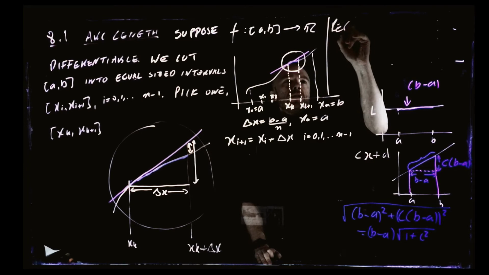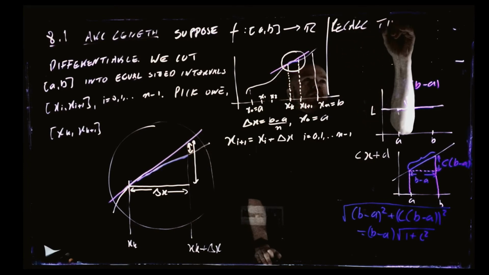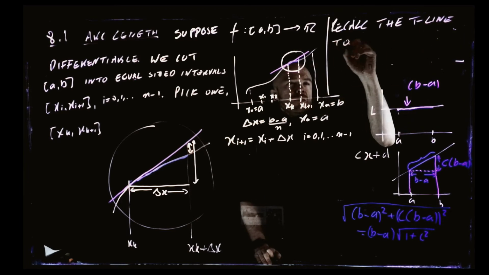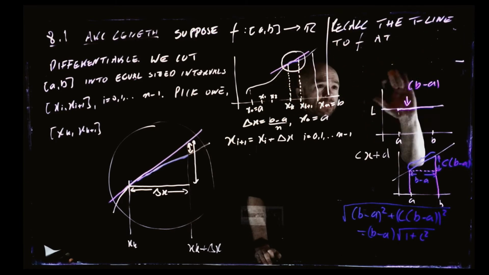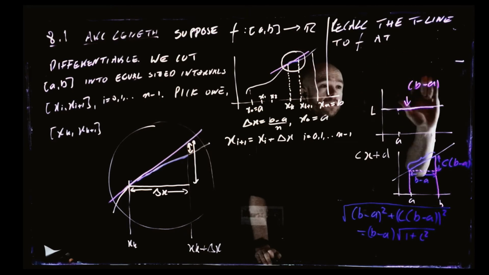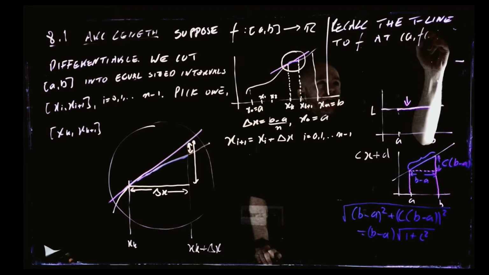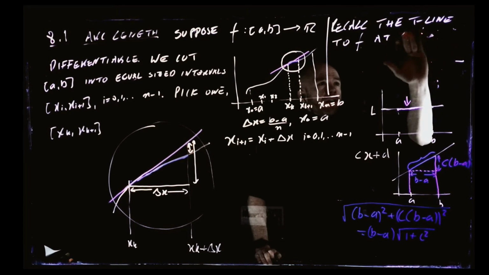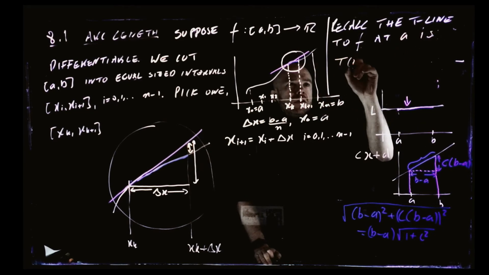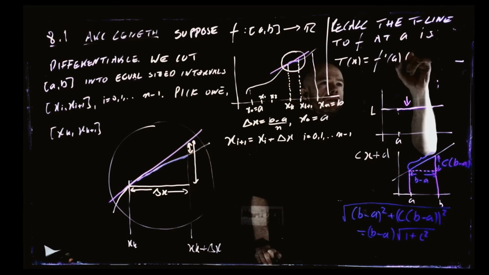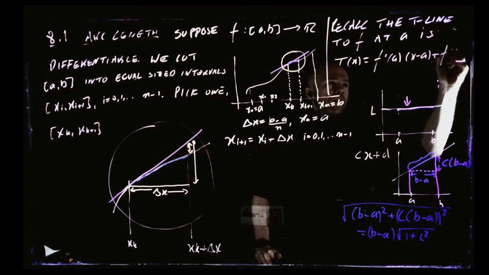Recall the tangent line to f at some point, let's call it a, f of a, is given by t of x equals f prime of a times x minus a plus f of a.